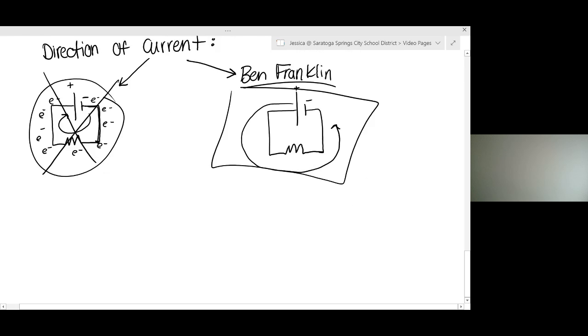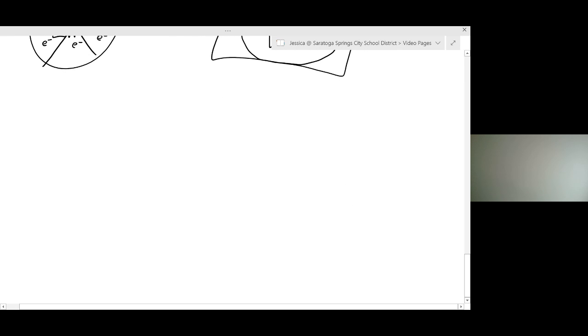Okay. The last thing I wanted to talk about with current is what current is measured with. So current is measured with what's called an ammeter. So not an amp meter, just an ammeter. Okay.